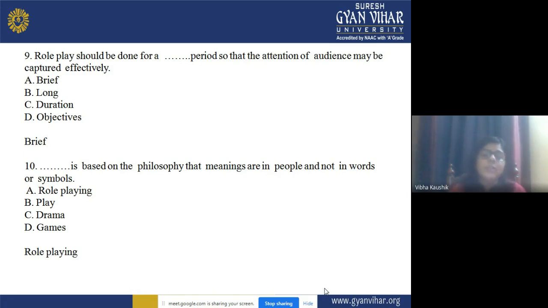The correct answer will be option A, that is role playing. So we can say that role playing is based on the philosophy that meanings are in people and not in words or symbols.